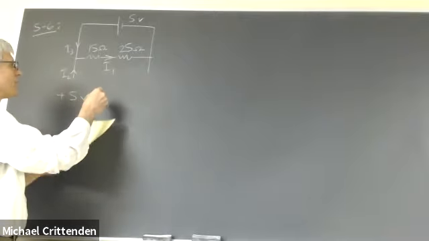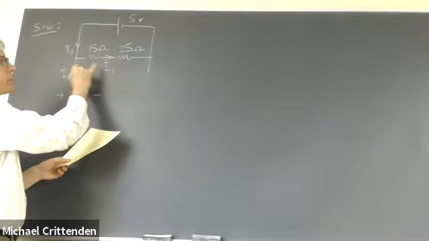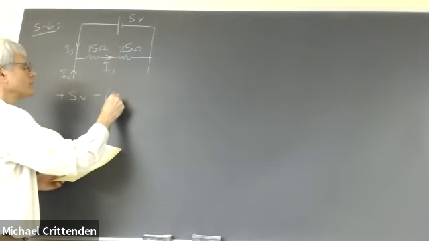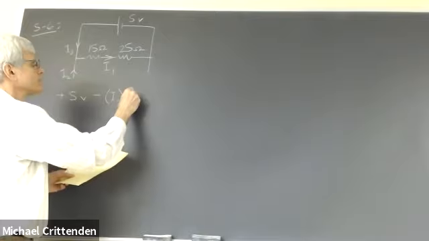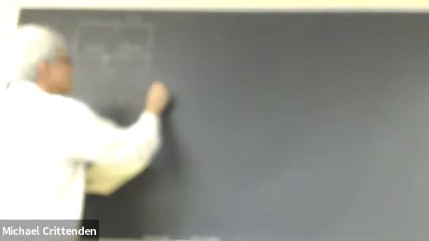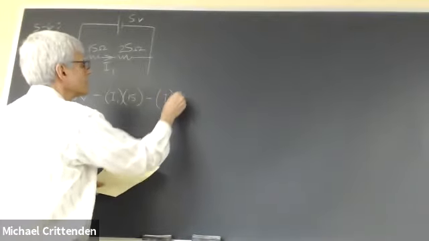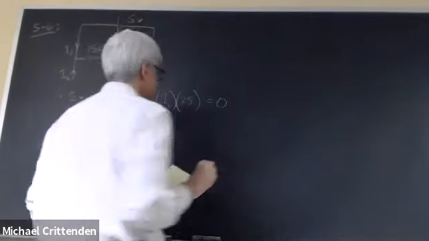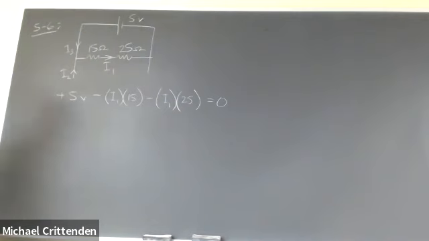So I times R, the current through those resistors is I1. And this equation has only one variable in it. The variable happens to be the thing we're looking for.